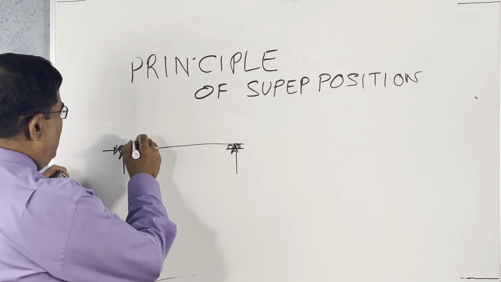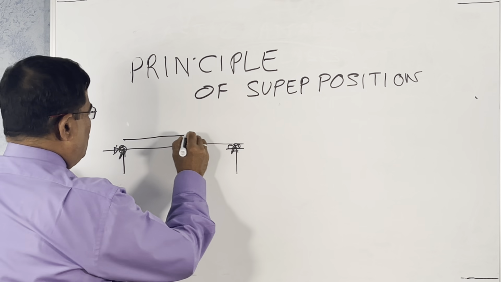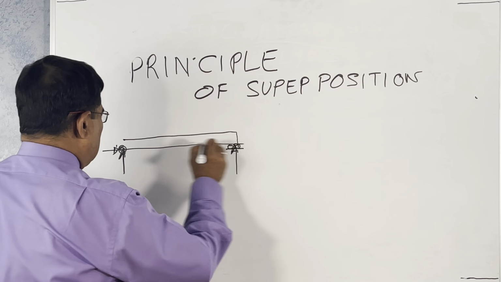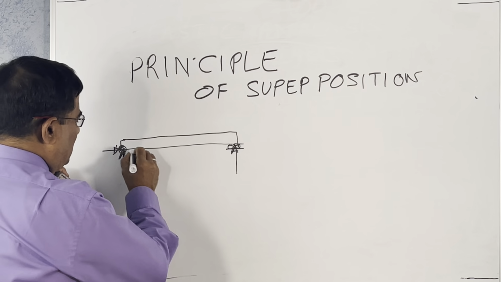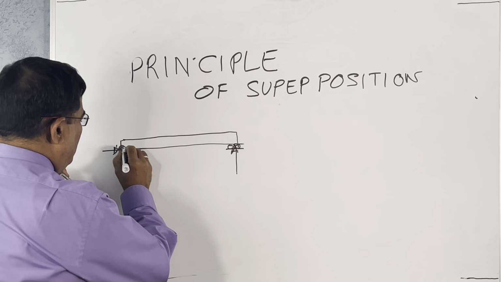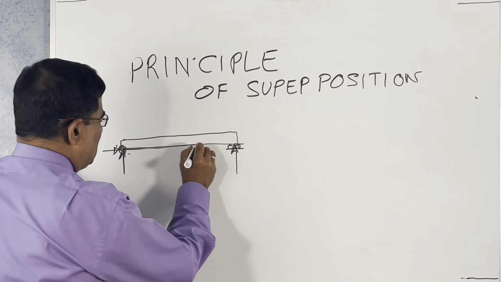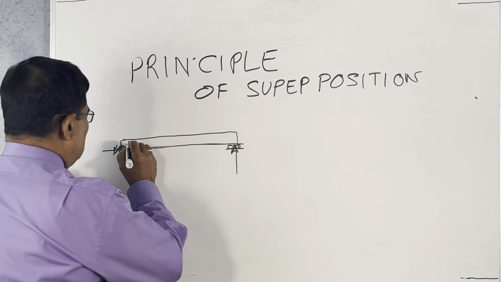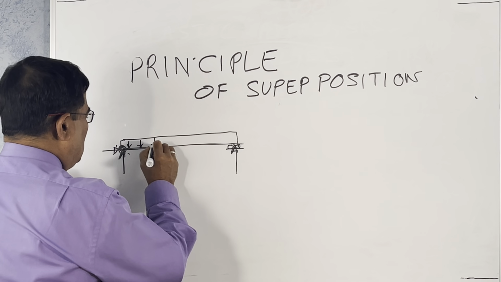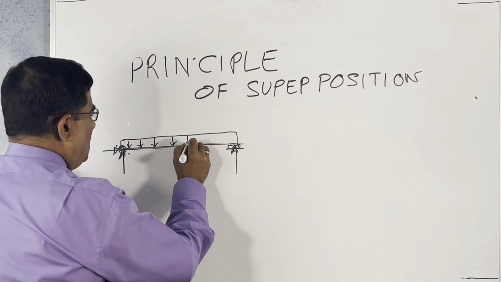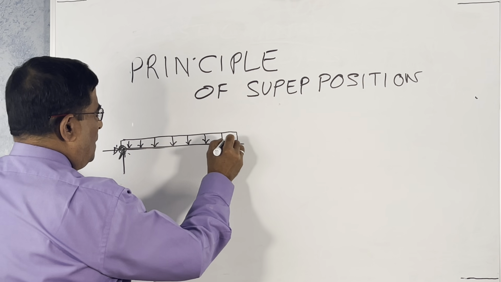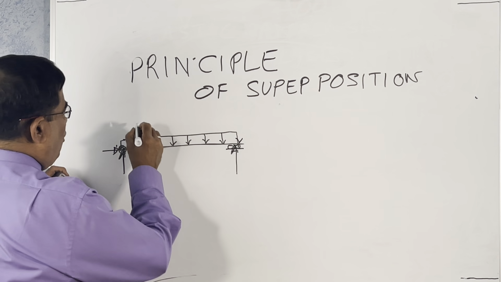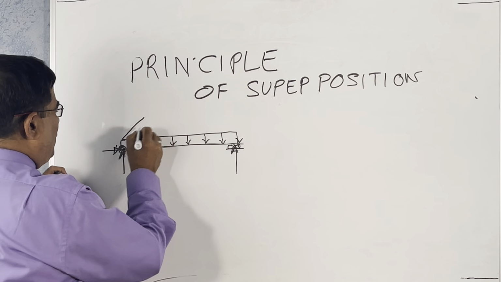Now you have a uniformly distributed load all over the beam. This is the beam, and this is the uniformly distributed load. Then over that you have a trapezoidal load.